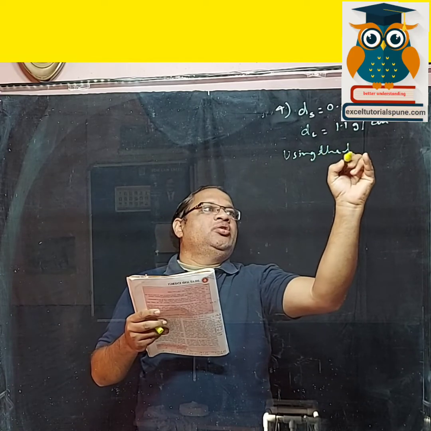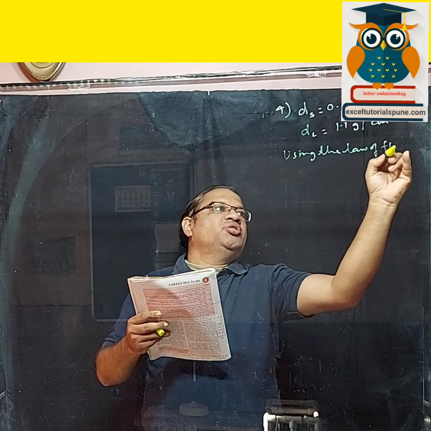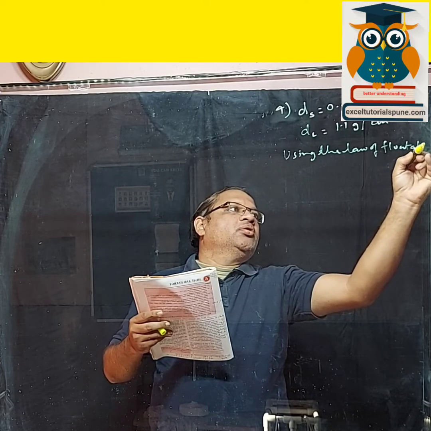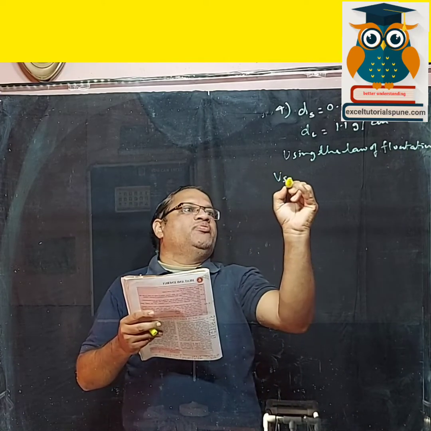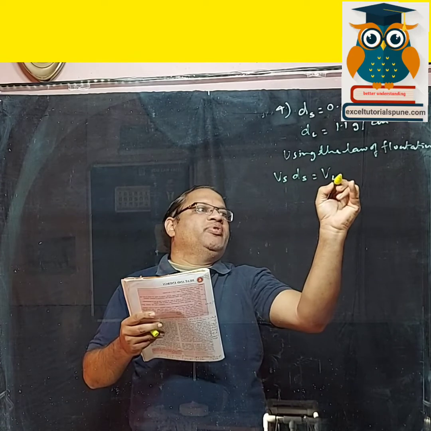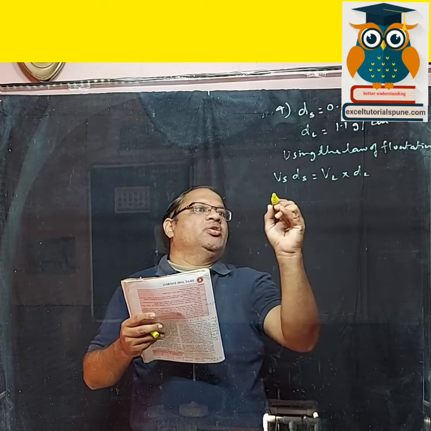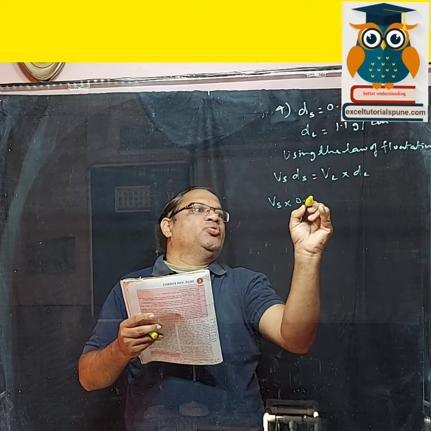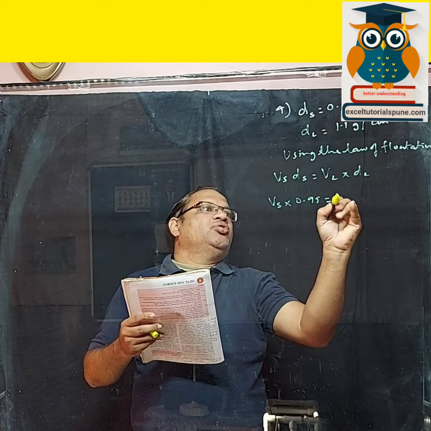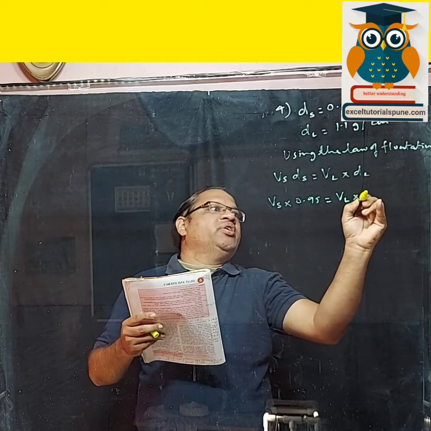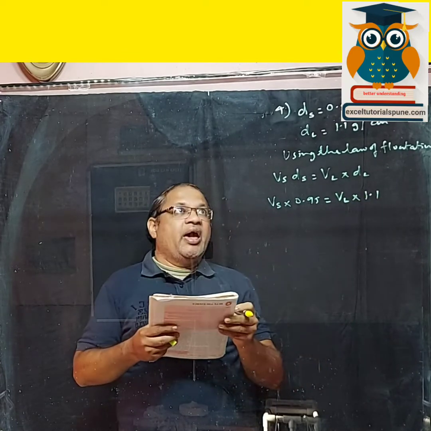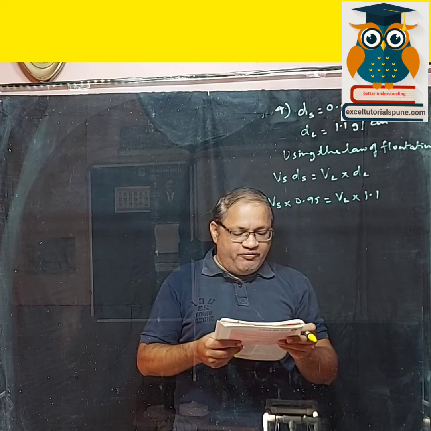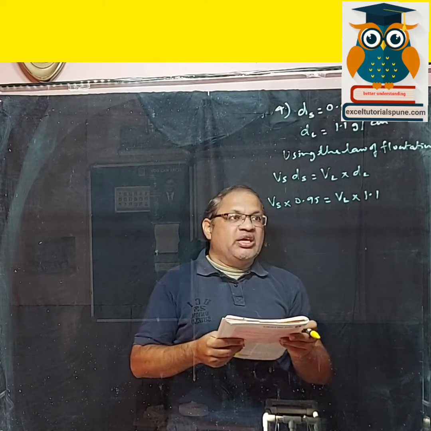Using the law of flotation, volume of solid into density of solid is equal to volume of liquid into density of liquid. So volume of solid into density of solid will be 0.95, equal to volume of liquid into density of liquid, 1.1. And they want, in the fourth sum, what fraction of volume is immersed.